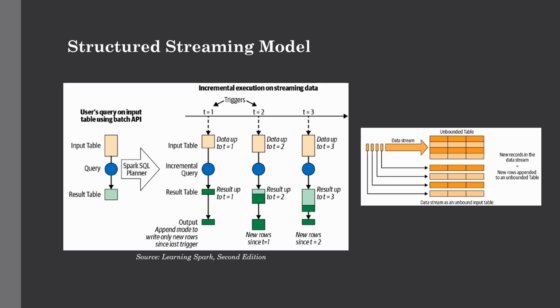All you need to do is define an input data frame from a streaming data source, and you can apply operations on top of the data frame in the same way you would in a batch manner. But you have to build the fundamentals of a structured streaming query, which we are going to see in the next lecture.